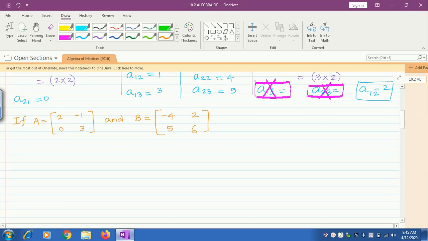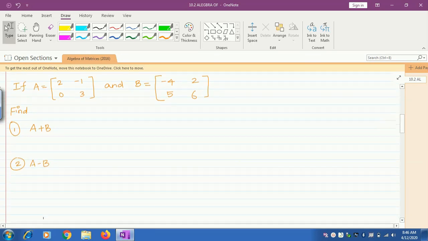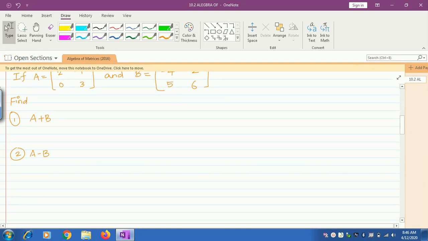Find number 1, this is A plus B. Number 2, A minus B. So number 3, here we have 3A. Okay, we will do it one by one. What is this matrix you have?